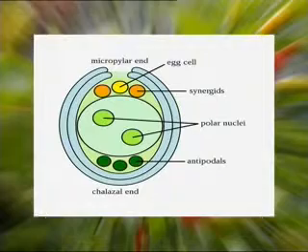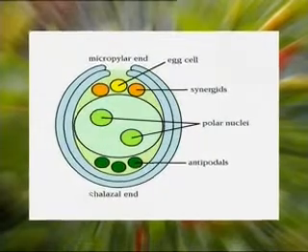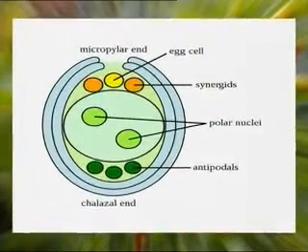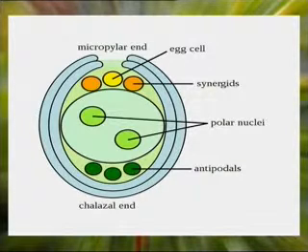The chalazal end of the central cell is occupied by 3 antipodal cells. The cells of the egg apparatus and the antipodal cells are haploid, whereas the central cell is binucleate or diploid.